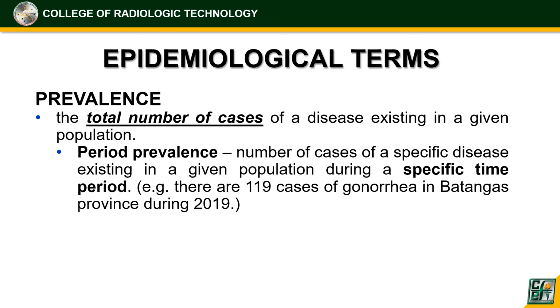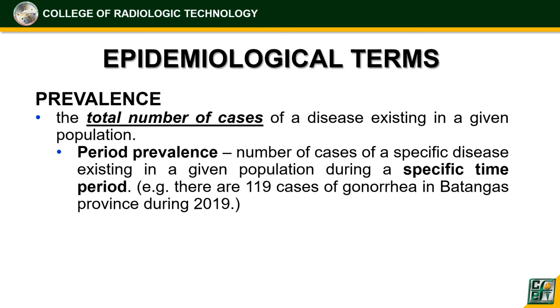Period prevalence, which is the number of cases of a specific existing disease in a population during a specific time. That is why it is period prevalence. Okay, so an example is, there are 119 cases of gonorrhea in Batangas province during 2019.